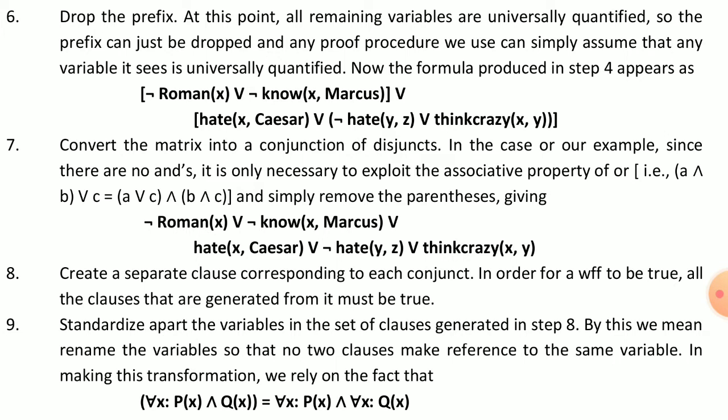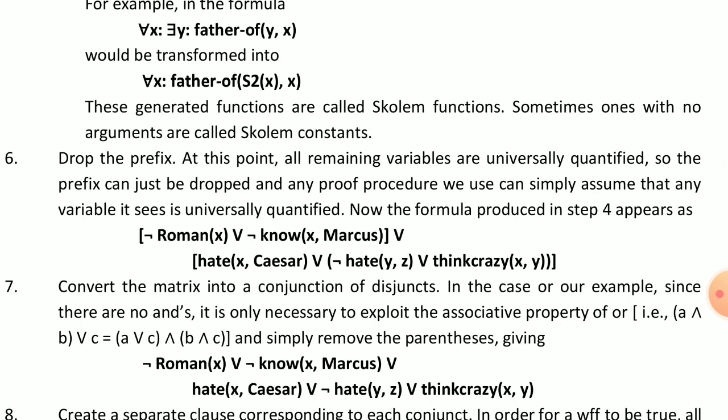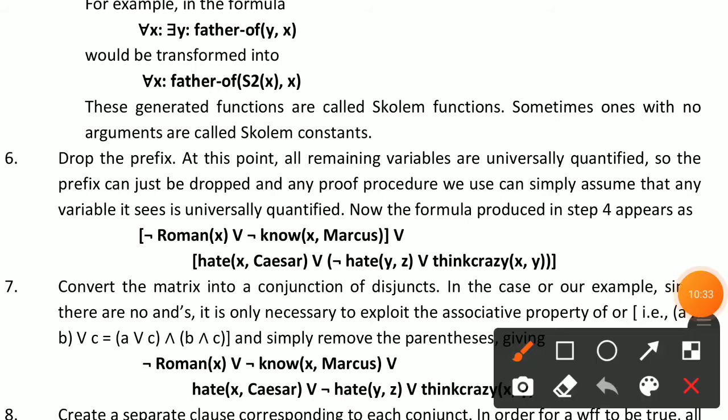Now the formula is written from step number 4: not Roman(x) or not know(x, Marcus) or hate(x, Caesar) or not hate(y, z) or think crazy(x, y).